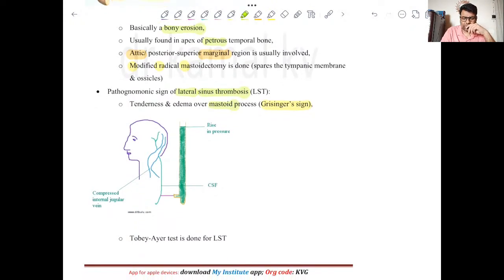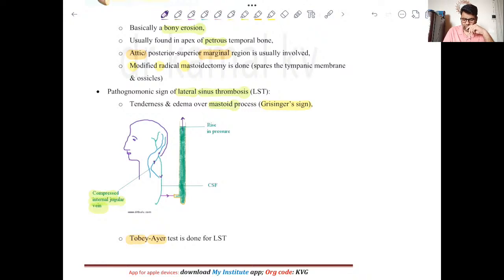And for lateral sinus thrombosis, we can do one test that is known as Tobey-Ayer test, where we do a lumbar puncture, connect the CSF column to a manometer, and then press the internal jugular vein. Now when the internal jugular vein is pressed, the pressure should be transmitted to this column, and there should be a rise in the CSF column.